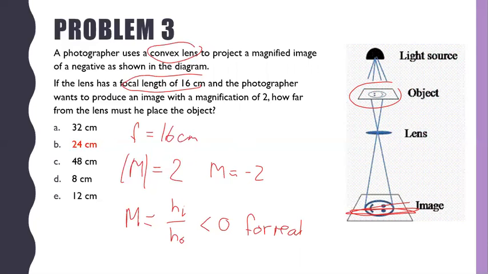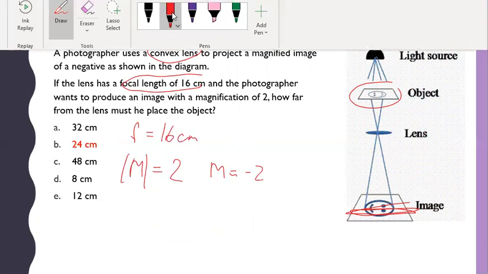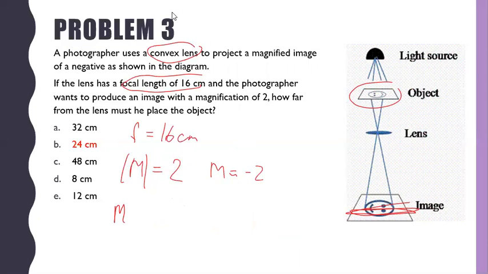Let's continue on with this problem. We have more to do. So I'm going to leave a space here. So since M is -2, but it's also negative DI over DO, that tells me that DI is equal to 2 times DO. Then I can use my lens equation that says 1 over F equals 1 over DO plus 1 over DI.